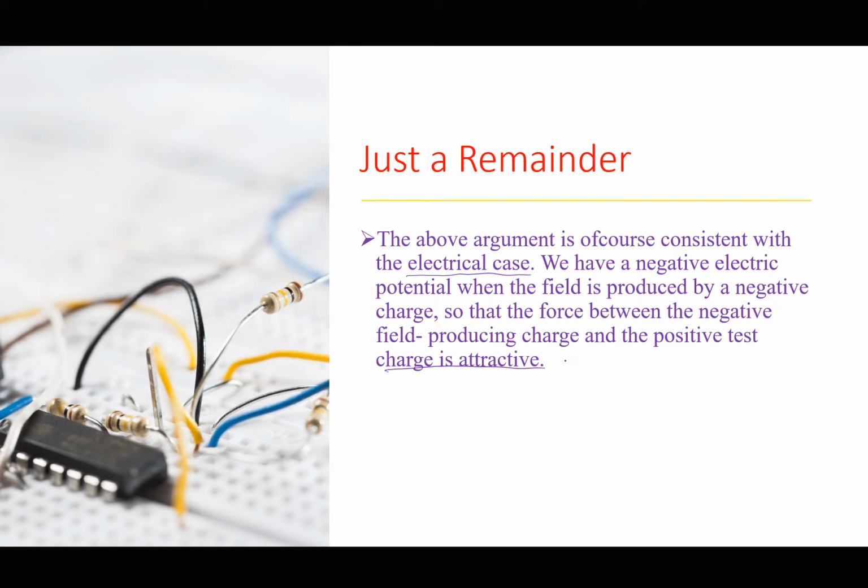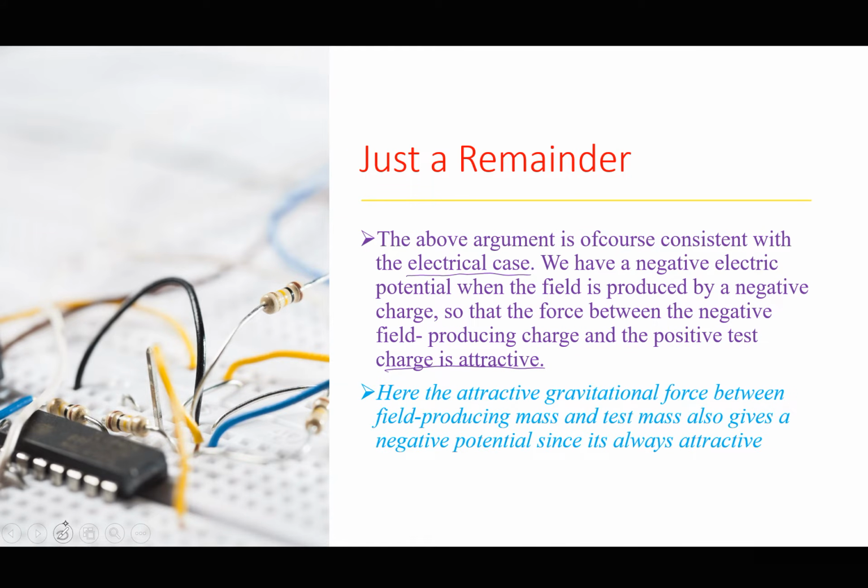And when the field is produced by a positive charge, the potential is going to be positive, because we always imagine bringing a positive charge. If this is a positive charge, and you're bringing a positive charge, then the potential due to this is going to be positive because the force between them is repulsive.